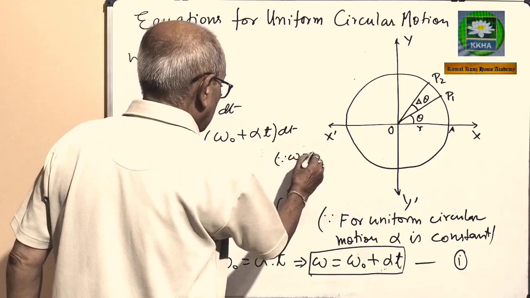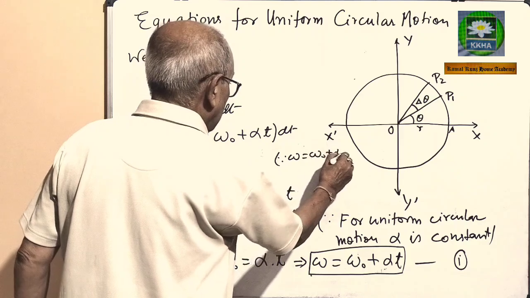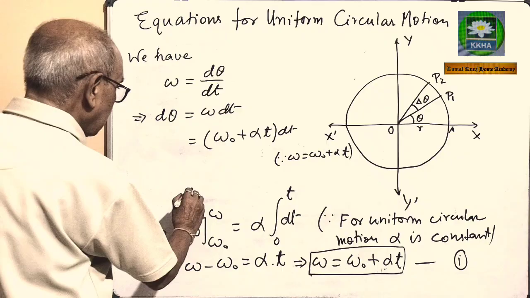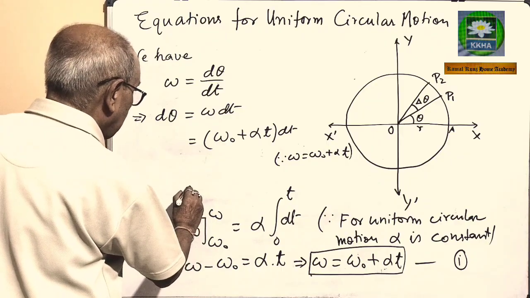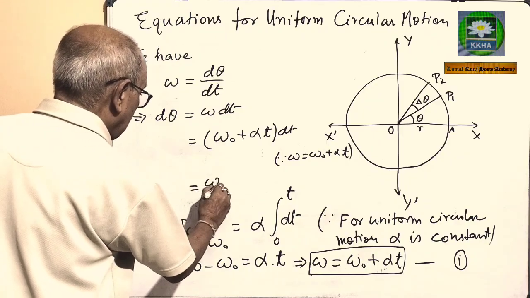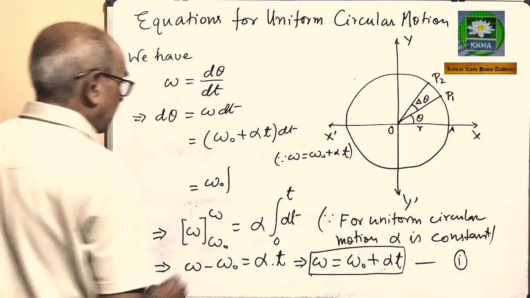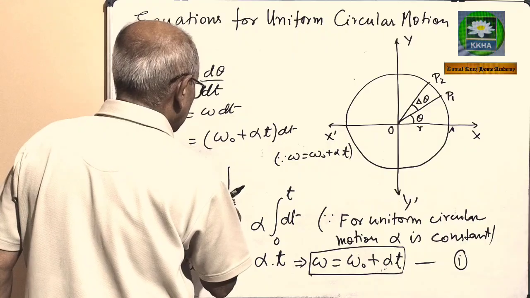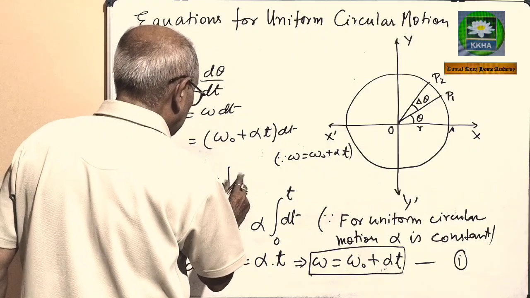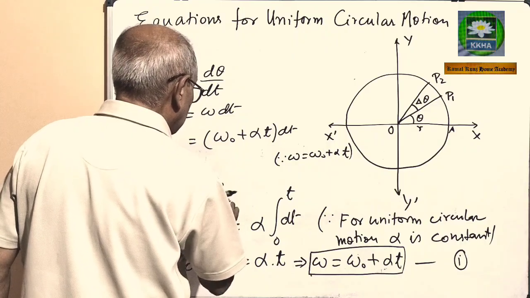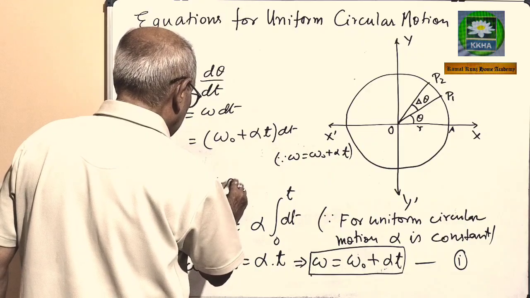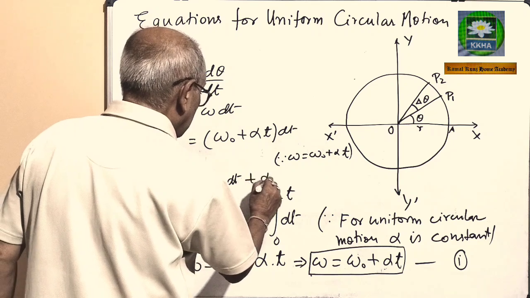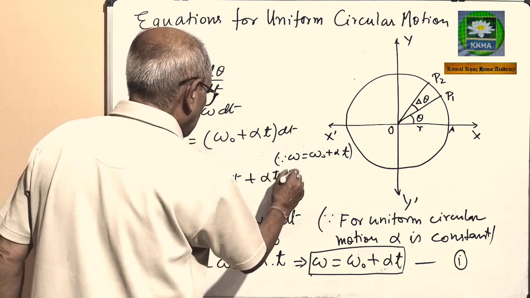Hence omega is equal to omega naught plus alpha t. This is equal to omega naught dt plus alpha t dt.